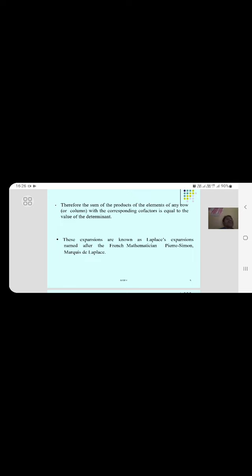So to find the determinant, we do one expansion, and that expansion is called Laplace expansion. He was a French mathematician, Pierre Simon, Marquis de Laplace.